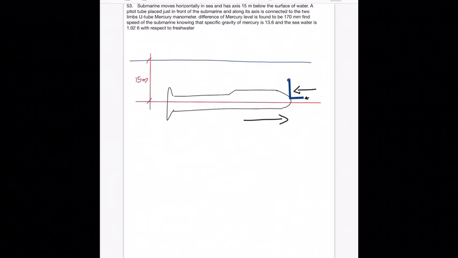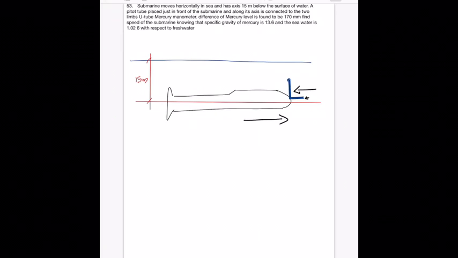Okay, so the pitot tube is used to measure the velocity of flow of fluid. I hope you all know that seawater is actually static. The currents and all those things are there, but for reference, let us consider it as static.